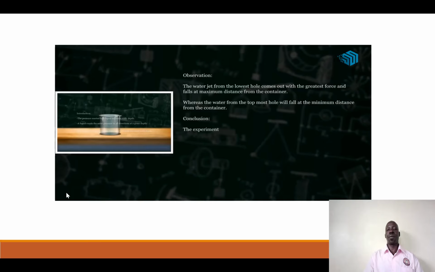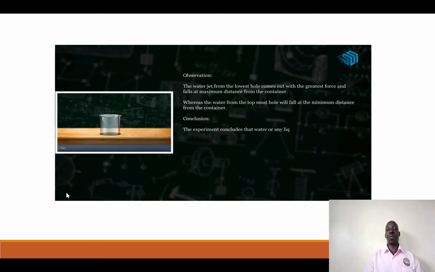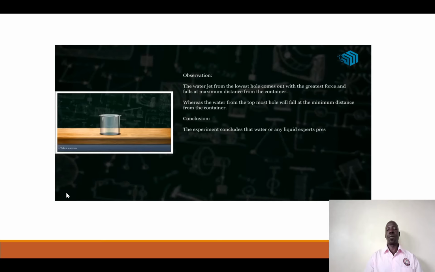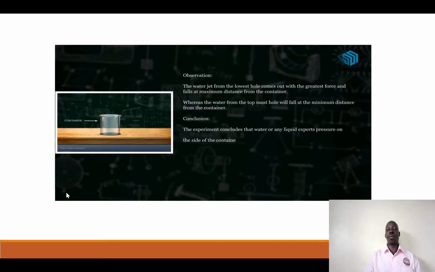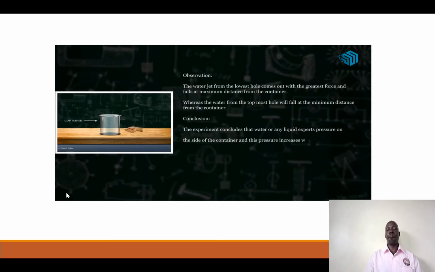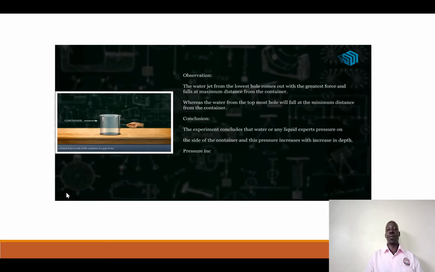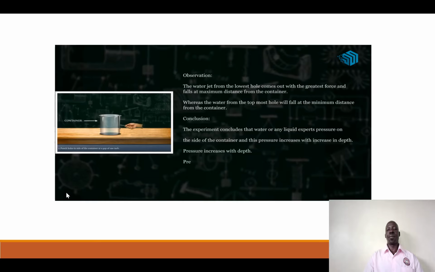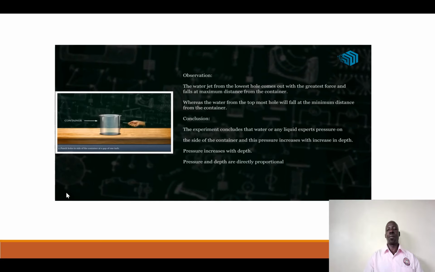We come to the conclusion that water or any liquid exerts pressure on the side of the container, and this pressure increases with the increase in depth. Pressure increases with depth. Pressure and depth are directly proportional.